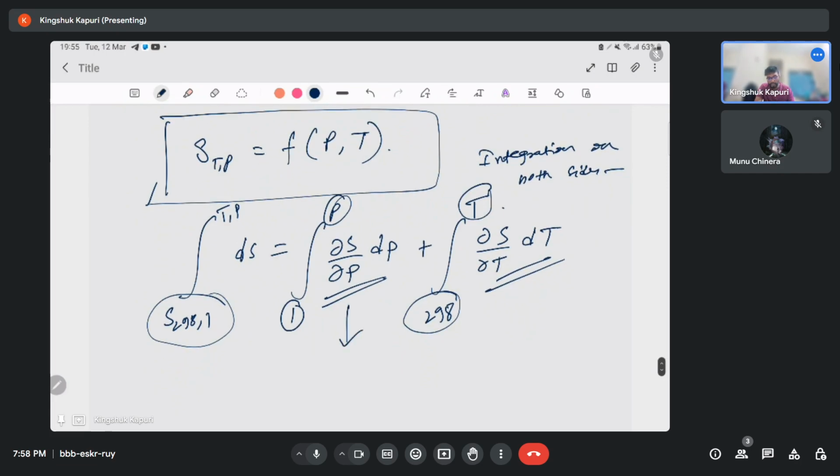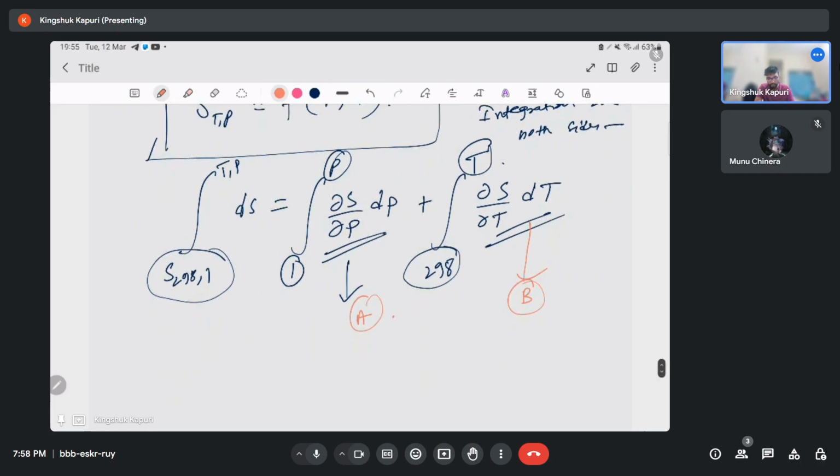So let's name this term as A and this term as B. So the boundary conditions are 298, 1 and P and T. Okay.